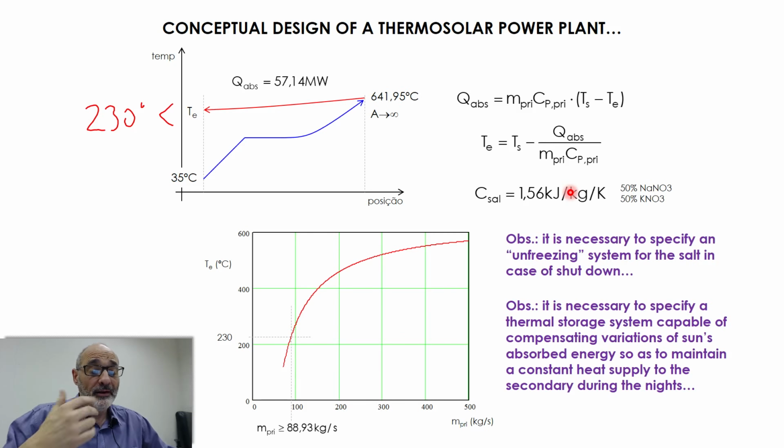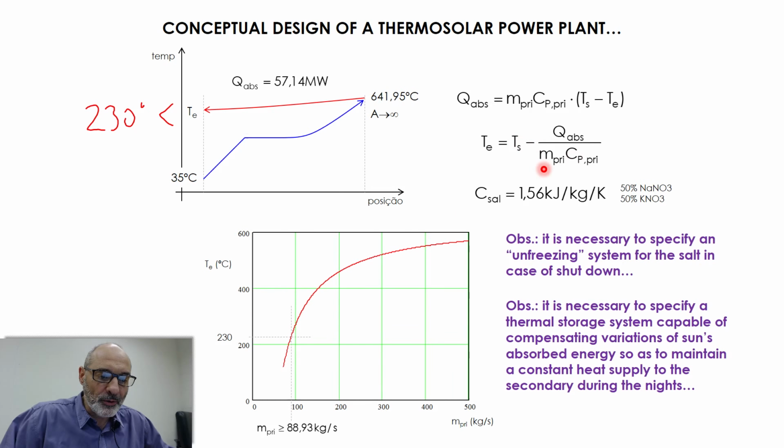So I know that TE must be greater than 230, so now I can vary this flow rate here and verify the limit value, okay?